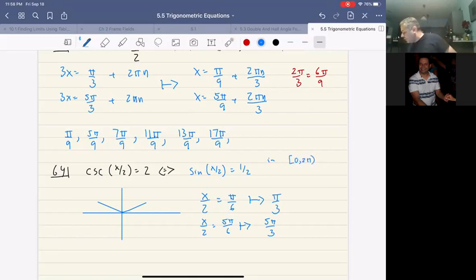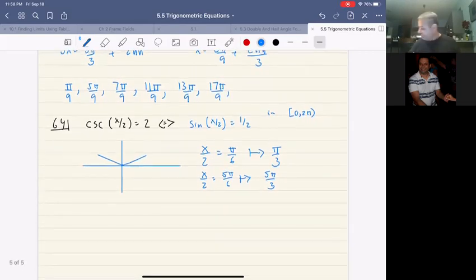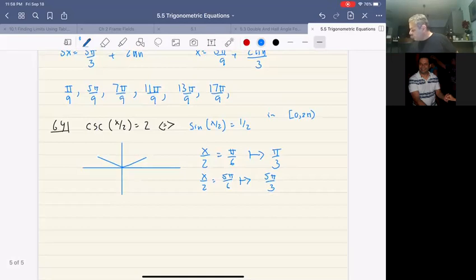Let's take a look at one very similar. Let's take a look at secant of x over 2 equals -2 square root of 3 over 2. Yeah, that'll do. So very similar.